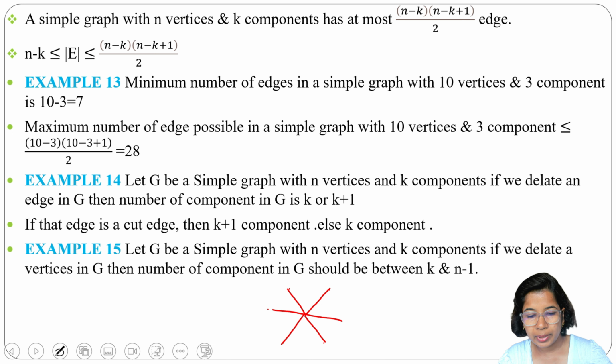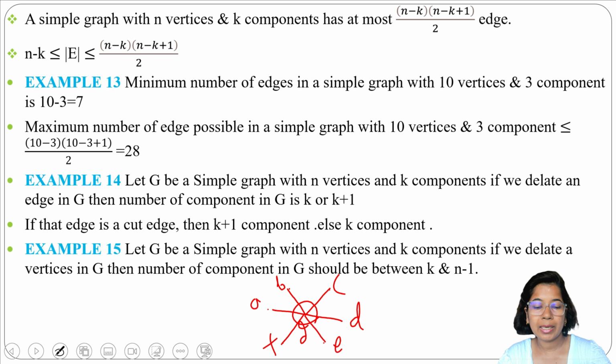If we remove this middle vertex and all its adjacent edges, let these be A, B, C, D, E, F, and this is G. If we remove G and all its adjacent edges, then this will be disconnected, and how many components will there be? There will be n minus 1 components. In this graph there are 1, 2, 3, 4, 5, 6, 7 vertices, so n equals 7.